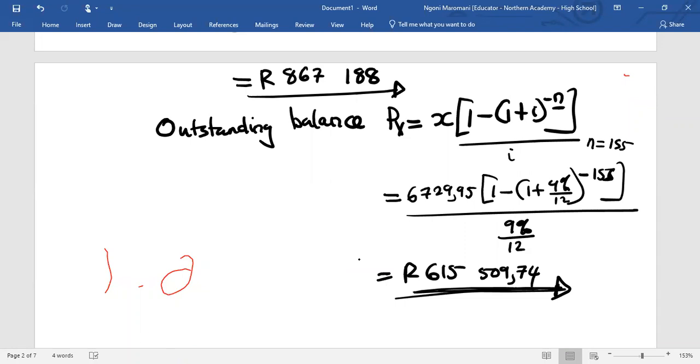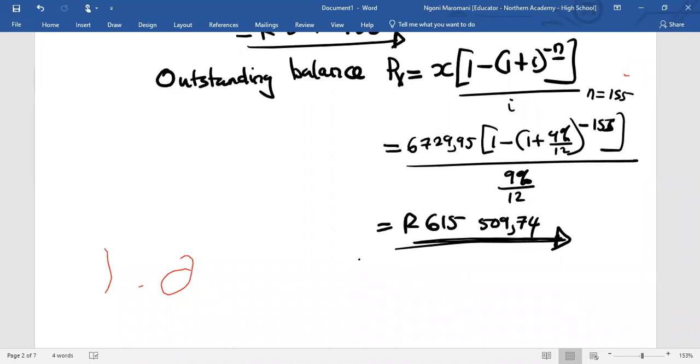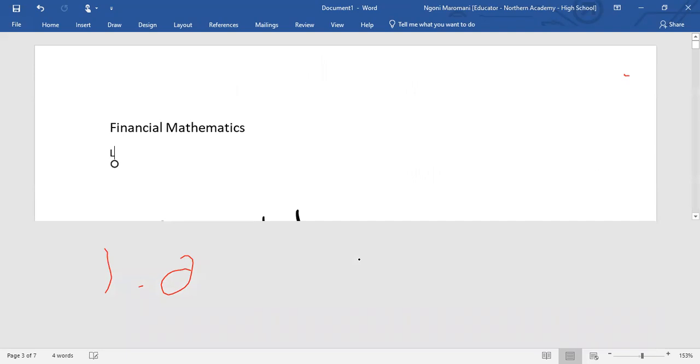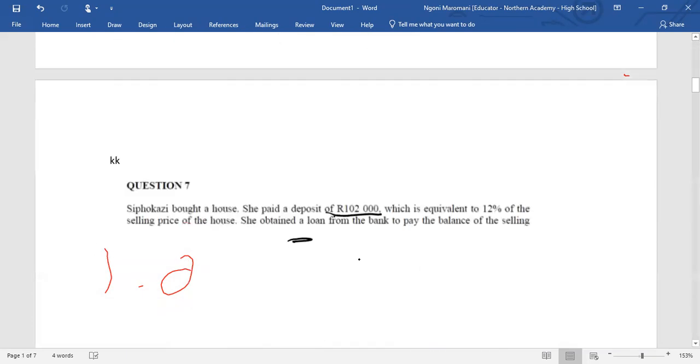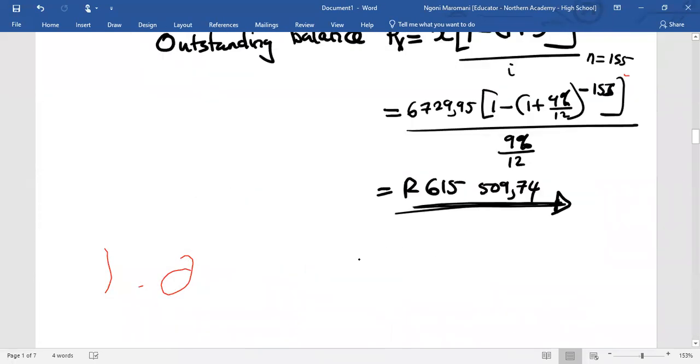They are in business, remember, right? So which formula do we use to put in interest? Yes, we use the compound interest formula, okay?